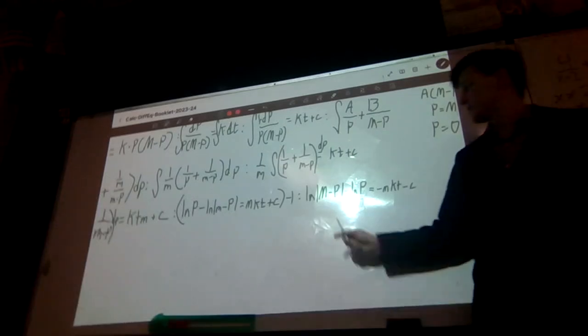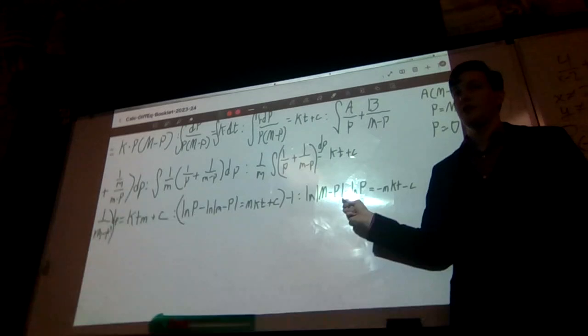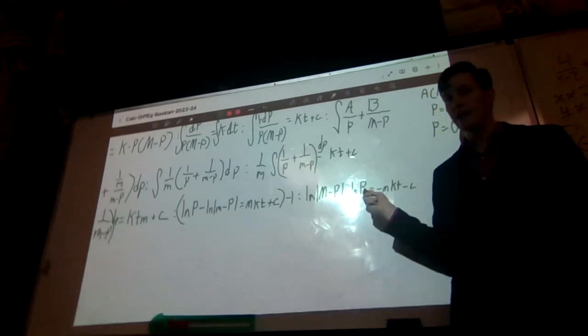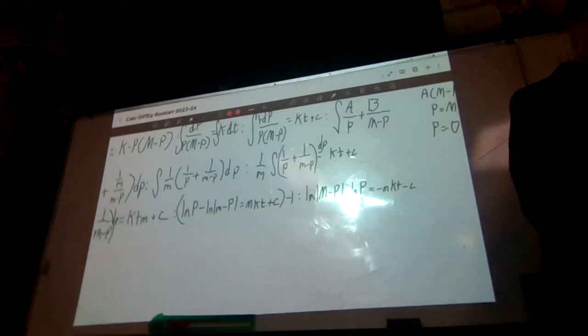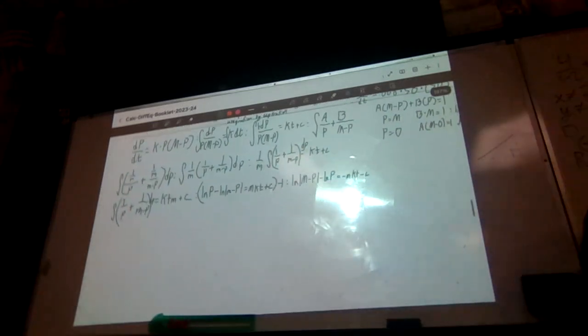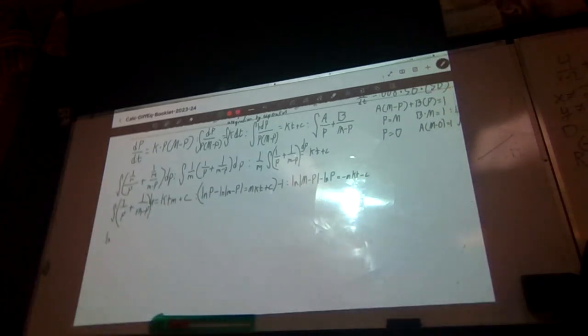And then, if I subtract 2 natural logs, that means I'm doing what with their insides? I am dividing them. So I'm going to get the natural log of m minus p divided by p equals negative mkt minus c.